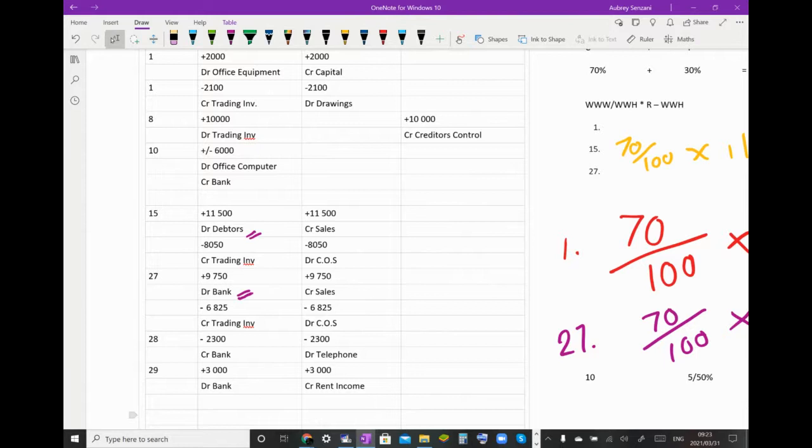Right. So we are finished with markup and gross profit percentage for Unit 2. Okay. Now, the last thing that I want us to touch on in Unit 2 is the periodic inventory system.